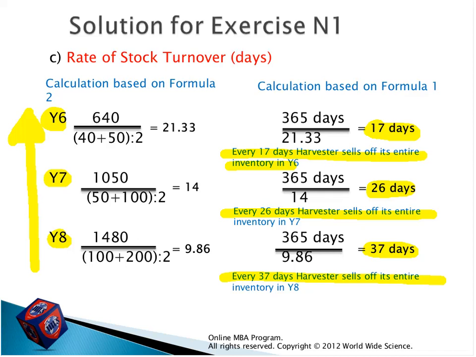That is not good for the company. Have you seen that the shorter, the faster you can sell your product, that is good for the company, right? But here our days inventory outstanding has been increasing by the years. Have you seen it? In year 6 it was 17 days, but in year 8 it is more than 2 times the days outstanding. I mean the inventory has been sitting on our shelves, in our stocks.